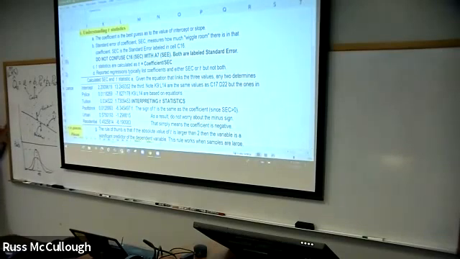Which one are you more confident about? The one associated with the blue curve or the red curve? Which one are you more confident that this is a good number? The blue curve. So the blue curve says that it's 0.01. I'm pretty sure it's 0.01, and so does the red curve.